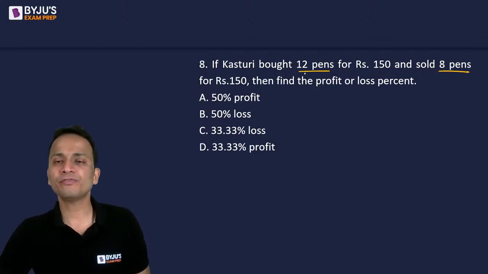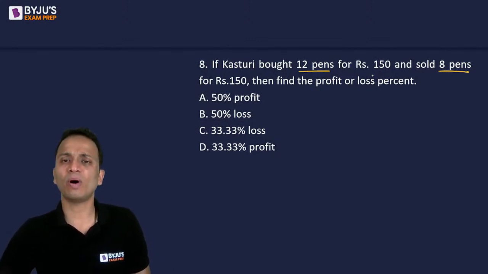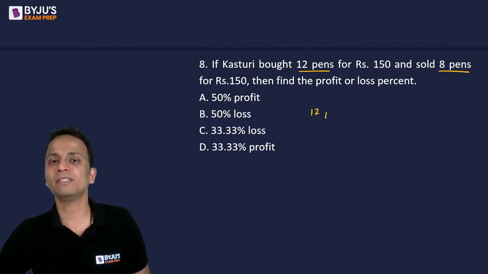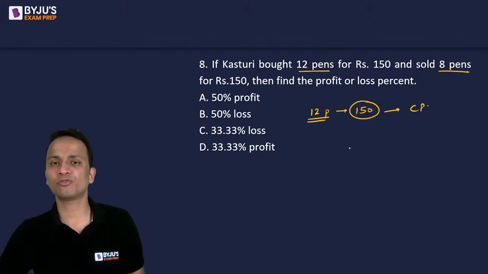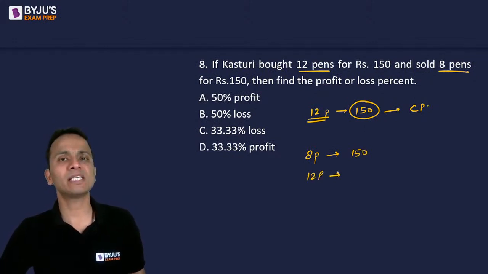Okay, so if 12 pens are bought at 150, so if I'm looking at the cost price of 12 pens, then I should also be looking at the selling price of 12 pens. But 8 pens are sold for rupees 150. So 8 pens अगर 150 पे sell हुए हैं, तो 12 pens का selling price कितना हो जाएगा?